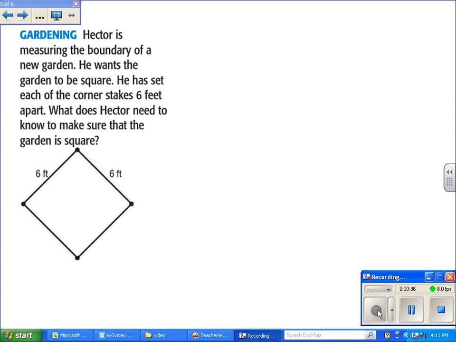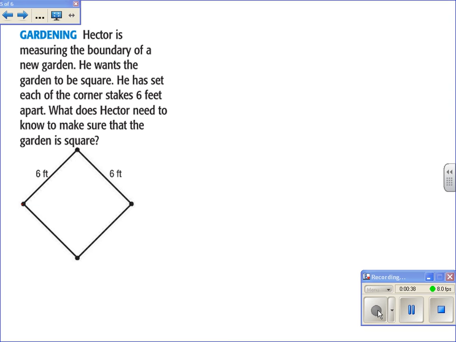From the last lesson, you learned that if you measure the diagonals, and those diagonals are congruent, that means you have 90-degree angles. So you have to make sure that you have congruent diagonals. Once you have established that you have congruent diagonals, you know you have a rectangle.